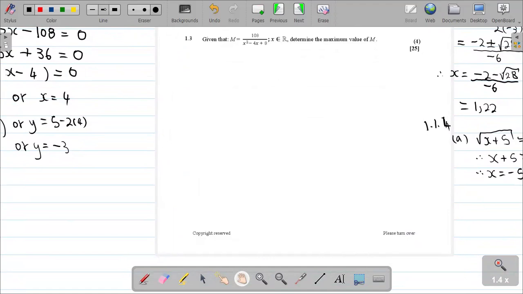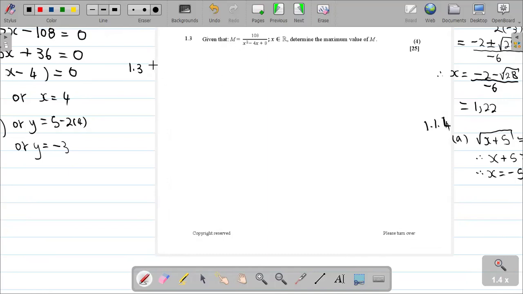So if we are looking for the maximum value of m, it means that the denominator must be a minimum. The denominator must be a minimum for the m to be maximum.